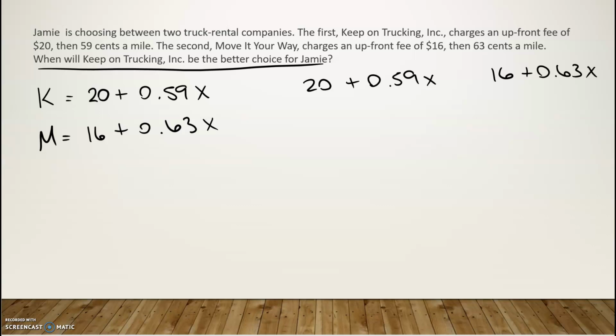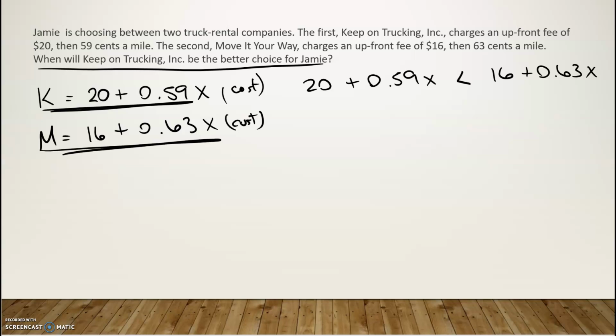Now we said that Keep On Trucking, when it has a lower cost, that's when it's going to be a better choice for Jamie. And both of these functions are cost functions. Okay, so we want this cost to be lower than this cost. That's the question. So we're going to have a less than sign. And then all we have to do is solve for x here.